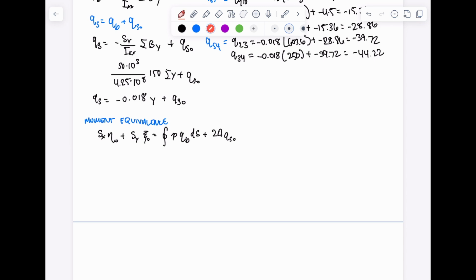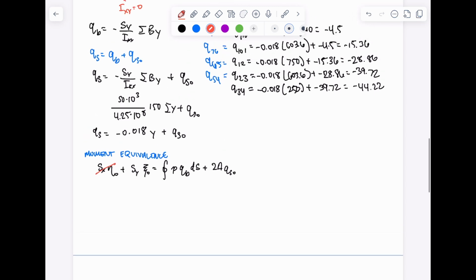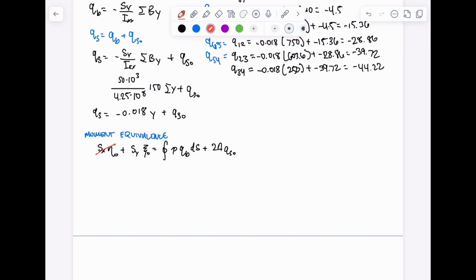We can simplify Sx is equal to 0, and QB is a constant. So we can show that Sy, we can simplify it to be QB ds plus 2 times the area of QS naught.